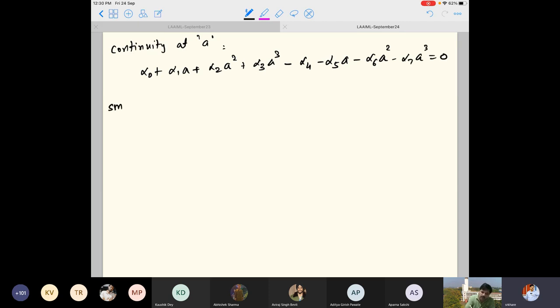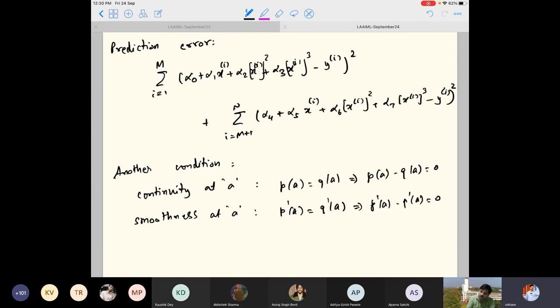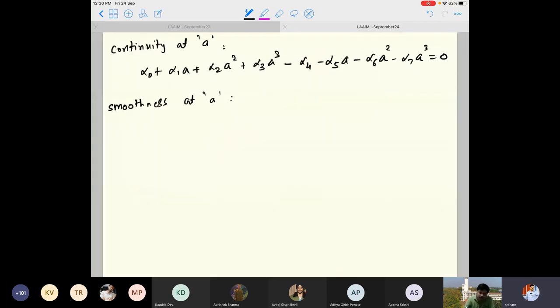And what is the smoothness condition similarly saying? For the smoothness condition, I am taking the derivative of these polynomials and evaluating them at x equal to A. So you tell me if this is true: alpha 1 plus 2 alpha 2 A plus 3 alpha 3 A square. Is that correct?